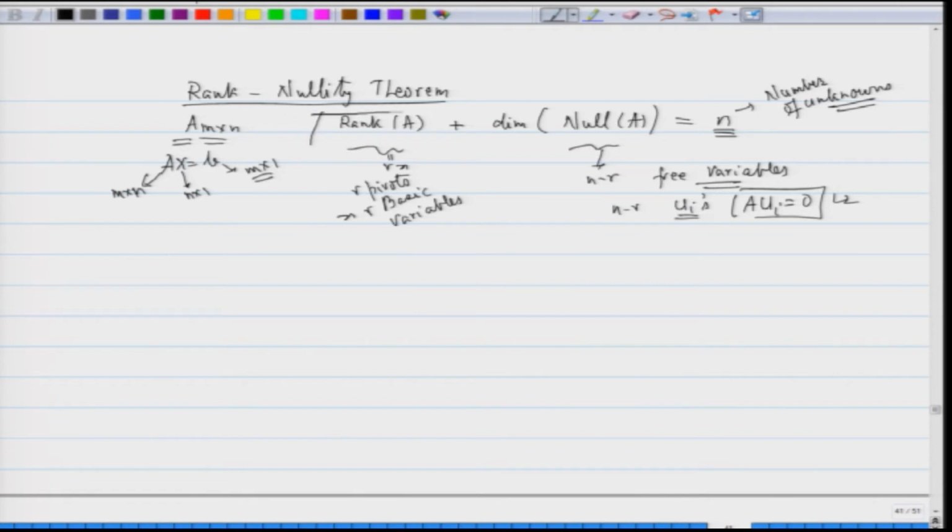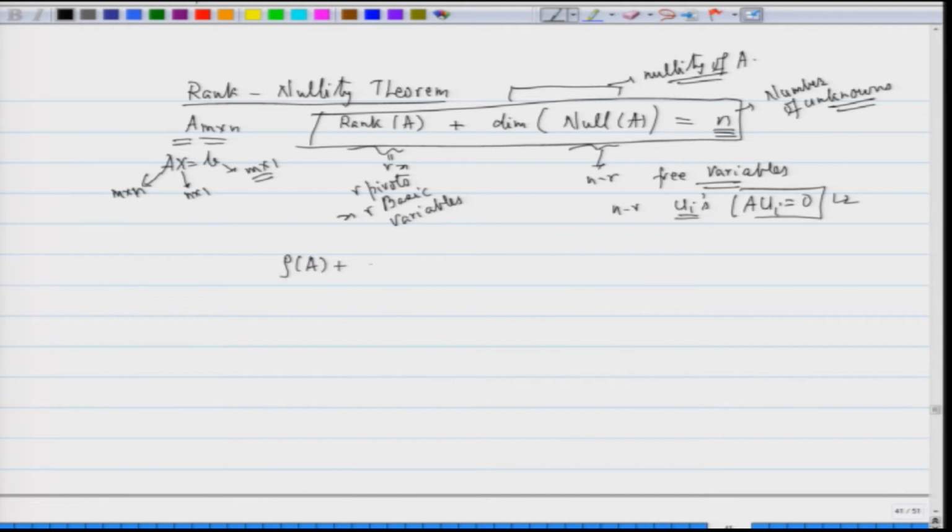We are going to prove this theorem, that the rank of A plus the dimension of the null space of A equals n. This dimension of the null space is called the nullity of A, and generally we write it as rho of A plus nu of A is n.